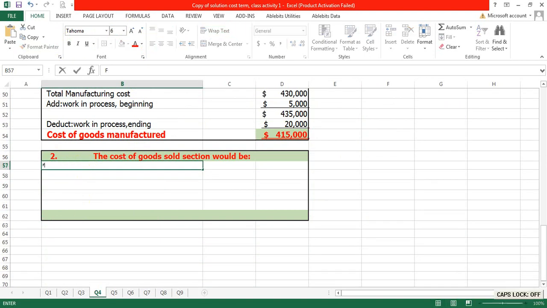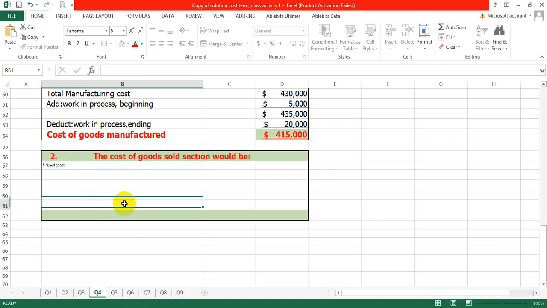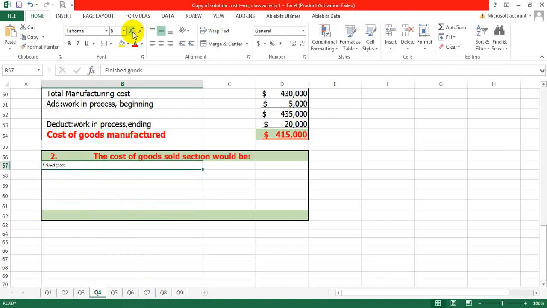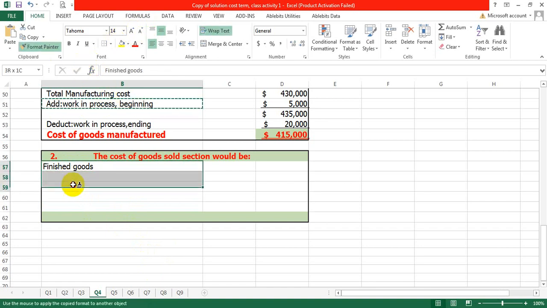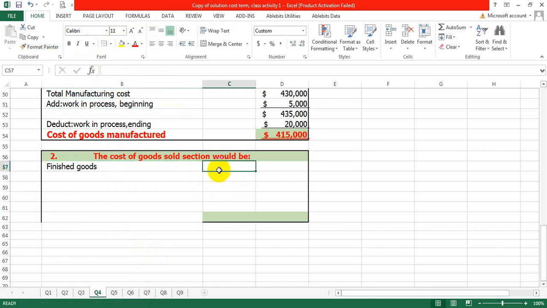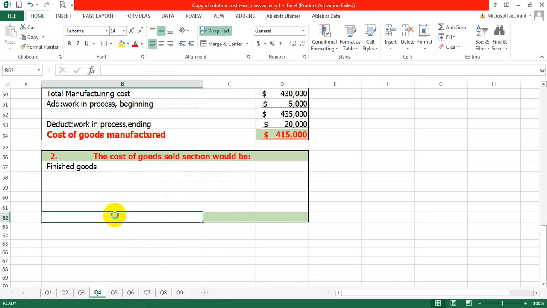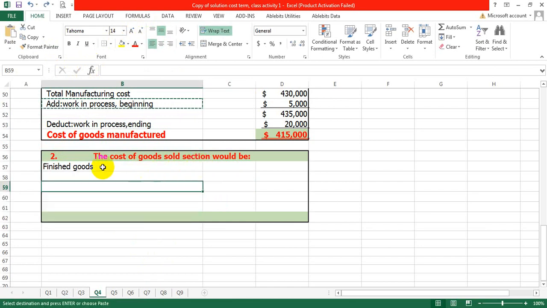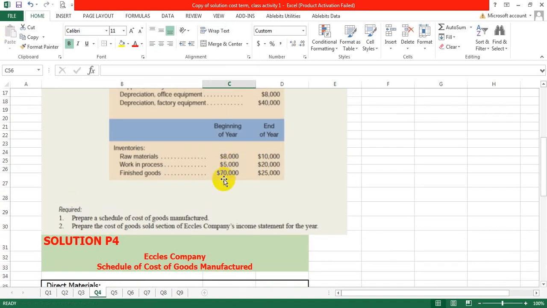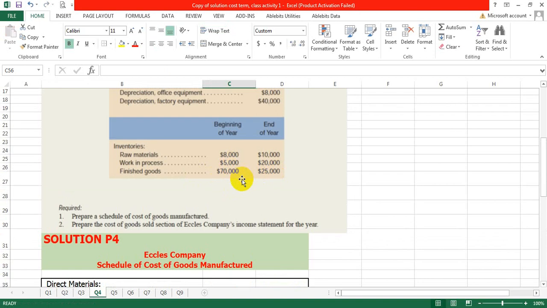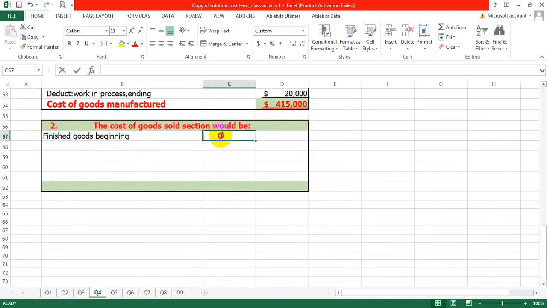First we will take finished goods beginning, and what is the value of my finished goods beginning? That is 70,000. See here, 70,000 beginning, ending 25. Remember this value, right?